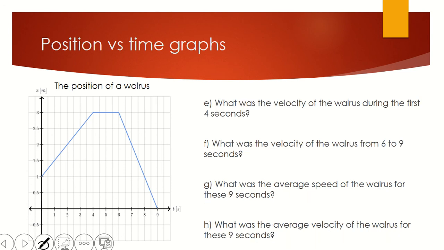Now part E, what was the velocity of the walrus during the first 4 seconds? For the first 4 seconds, we've got the gradient of a constant velocity line on the position versus time graph. So the velocity of the walrus is going to be the gradient of this line, which is rise over run.